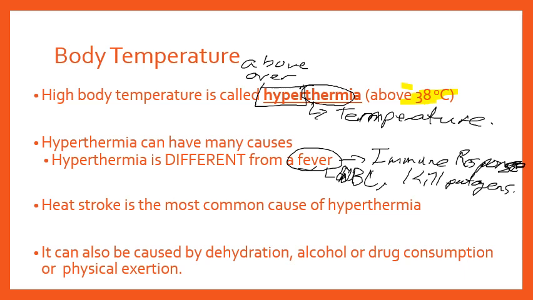Heat stroke is actually the most common cause of hyperthermia, though, and not fever. And heat stroke is basically you are out in the sun too much, and it can cause you to get too hot, and if you get too hot, your proteins unfold and you die.